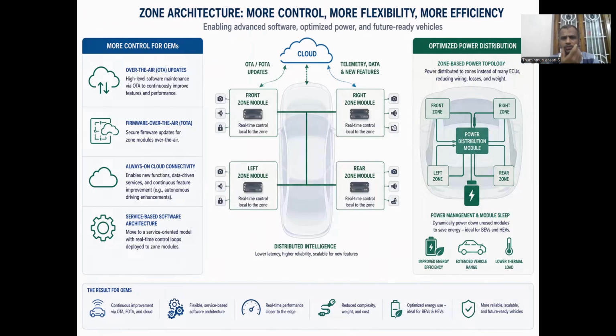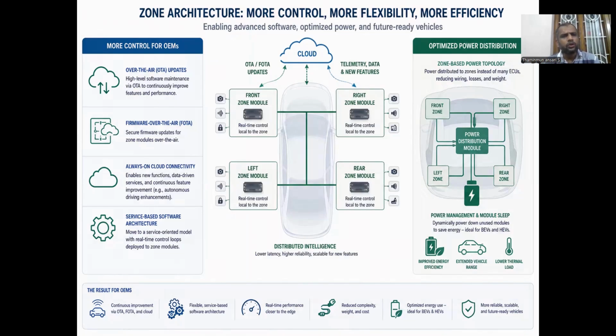Not only that, in zonal architecture, we get more control, more flexibility, and more efficiency, enabling advanced software, optimized power, and a future-ready vehicle. These are some of the additional benefits that we have in the zonal architecture.